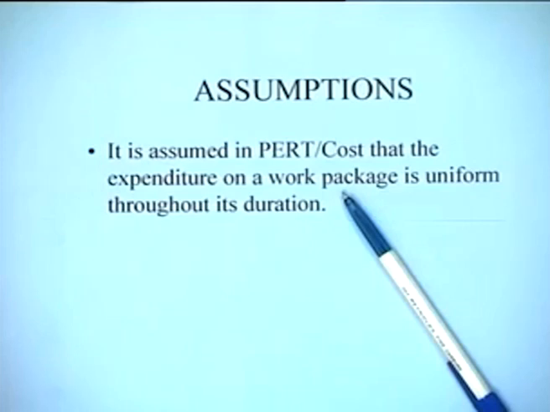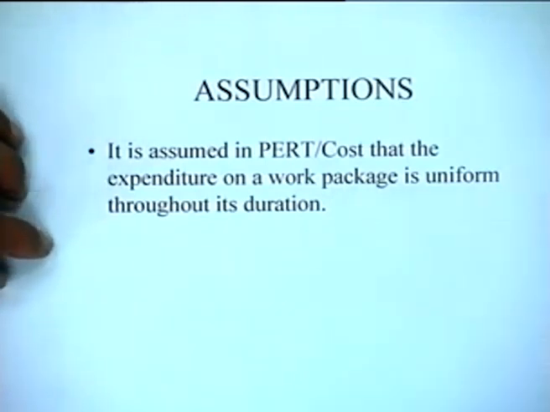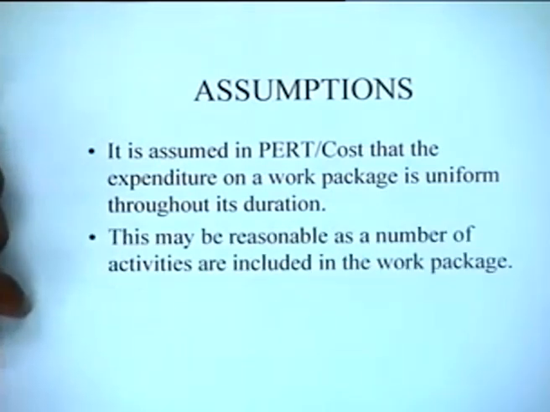The assumption being made is that during each month the total expenditure on a work package is constant, right. Now this could be true and this need not necessarily be true. We will talk about this assumption in a greater detail a little later.